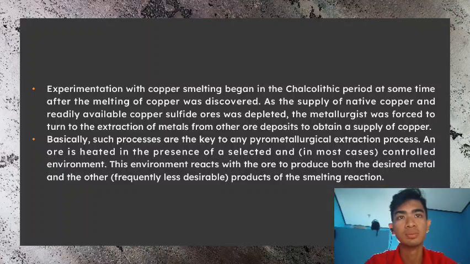The extraction of copper from copper sulfide ores and from other ore deposits required that the early metallurgist prepare a reaction that had occurred between copper and another element found in the earth's crust. Melting of copper also resulted in the discovery of alloying and the Bronze Age.